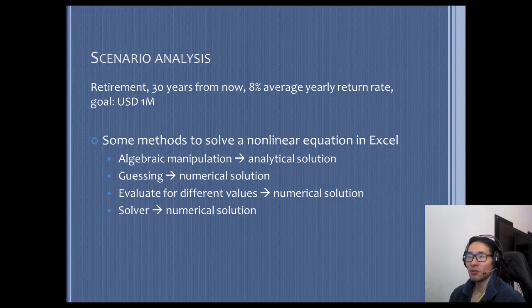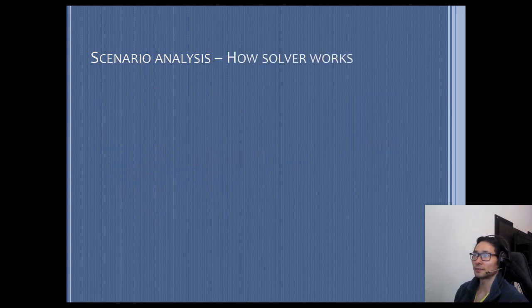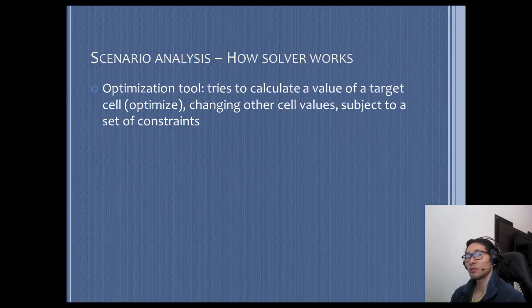Okay guys, now we already used algebraic manipulation and extensive evaluation at different values to solve our scenario, and our third method will be using the Excel tool called Solver. So what exactly is Solver? Solver, guys, is an optimization tool.